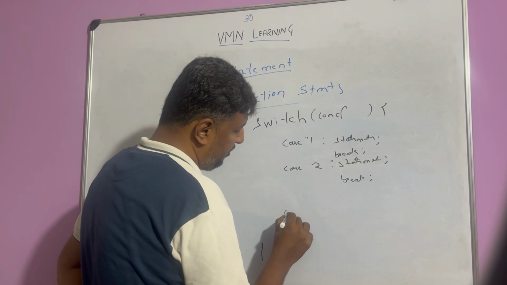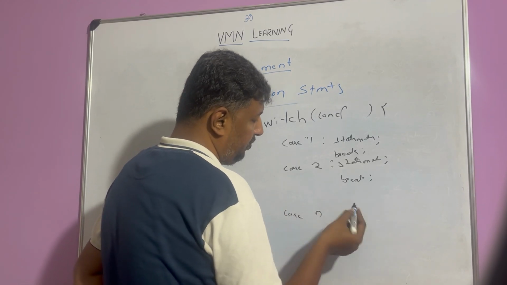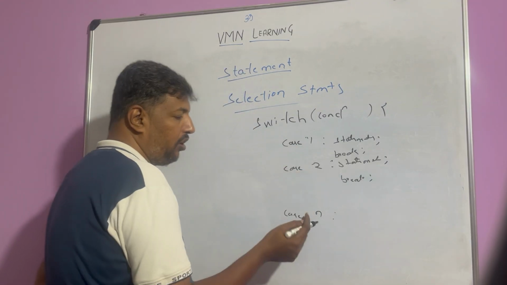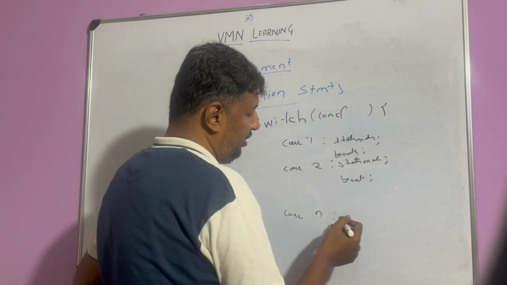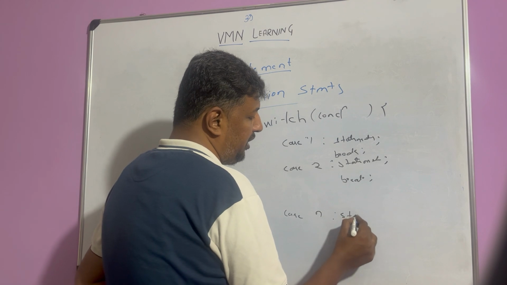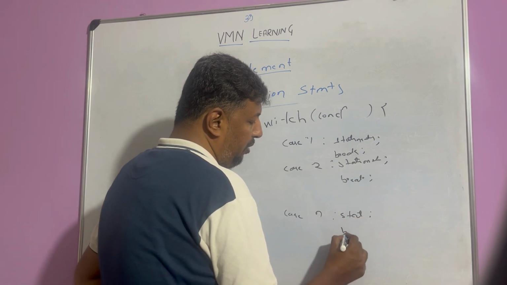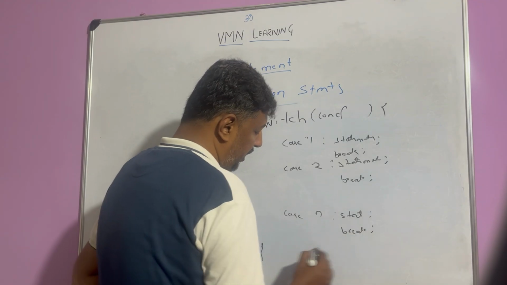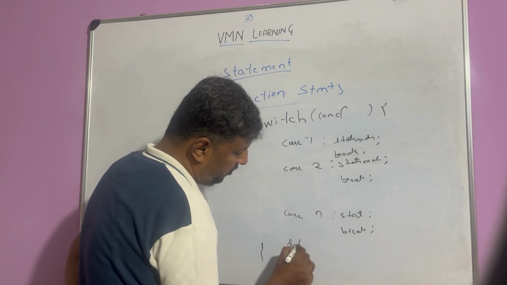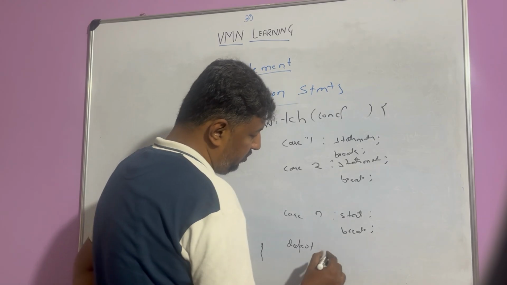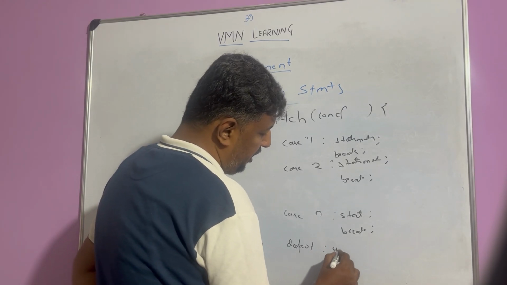Similarly, there will be till case n, whatever the finite number you want. Then there will be a statement and break, and there will be a default one. So default statement.